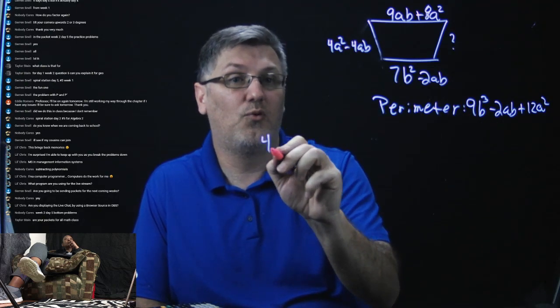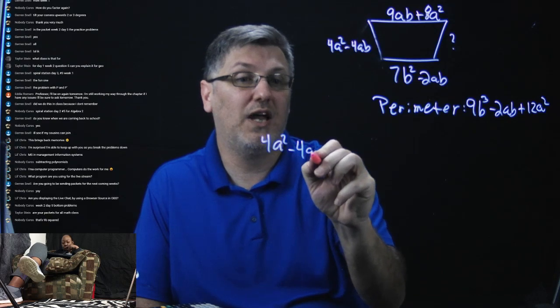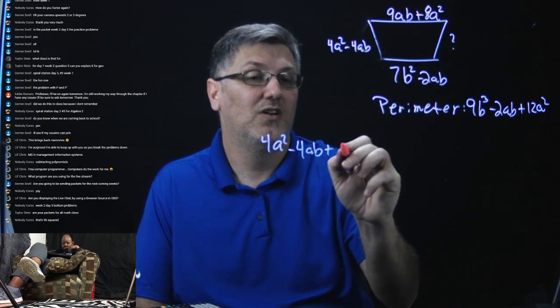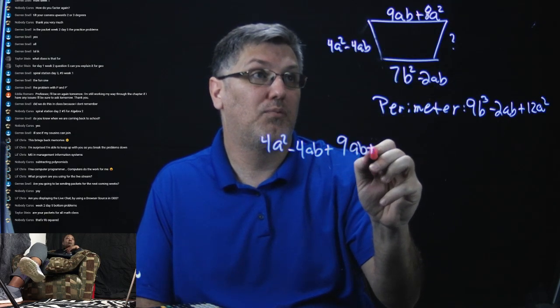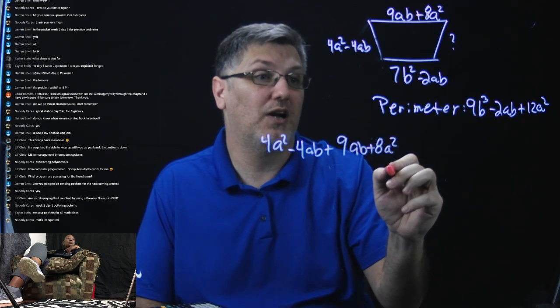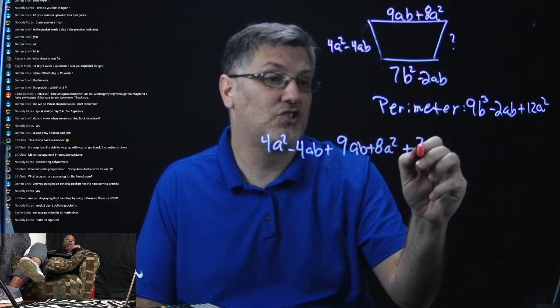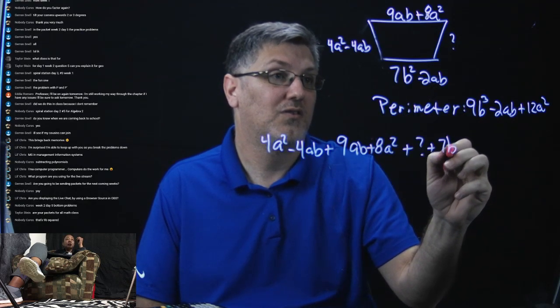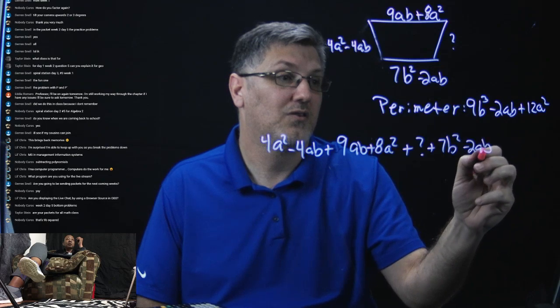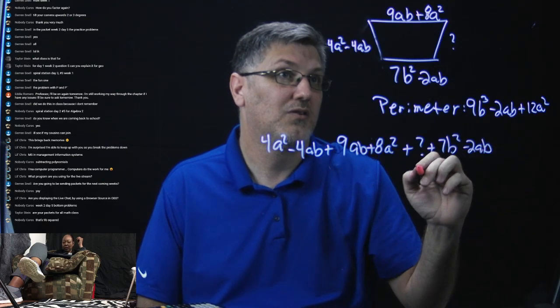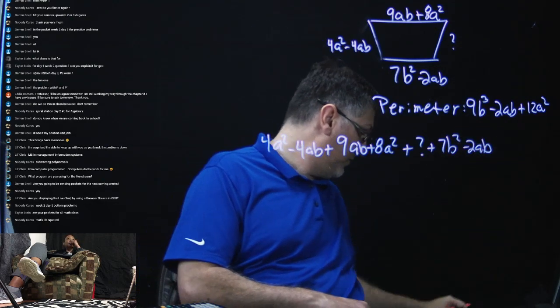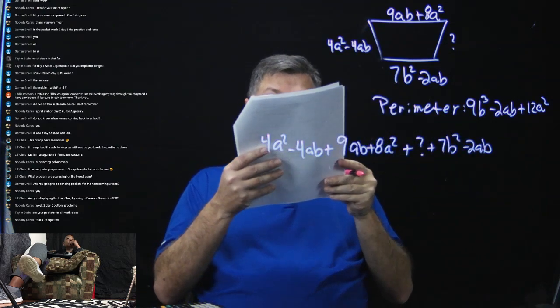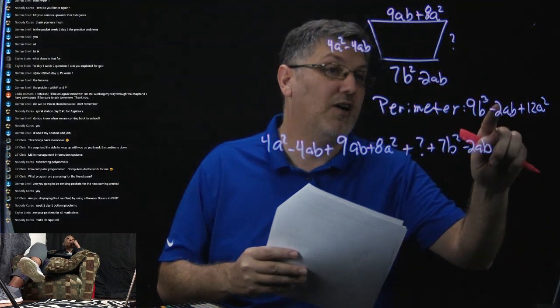I'm going to have 4a squared minus 4ab plus 9ab plus 8a squared plus my question mark plus, oh yeah, right here, 9b squared.